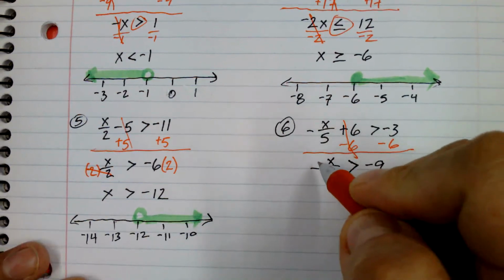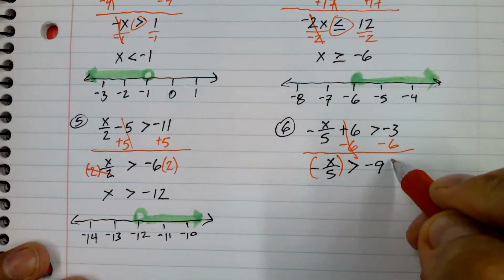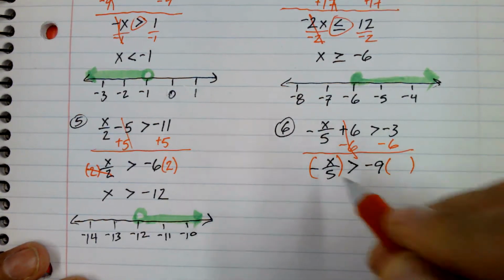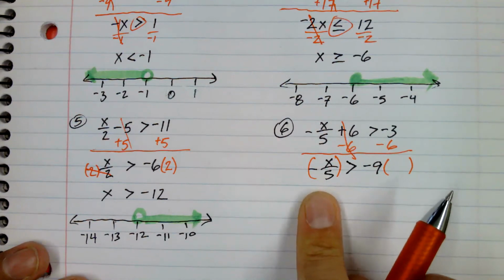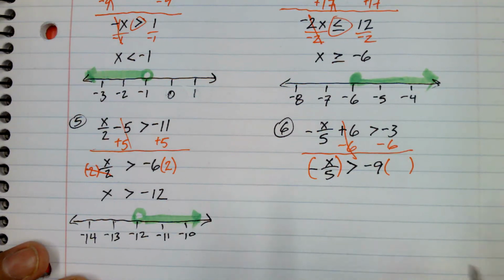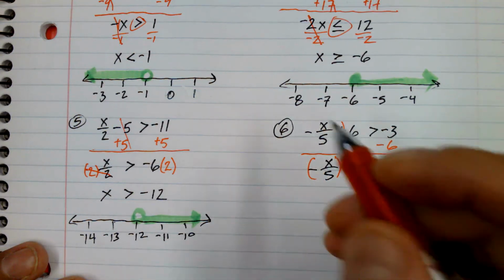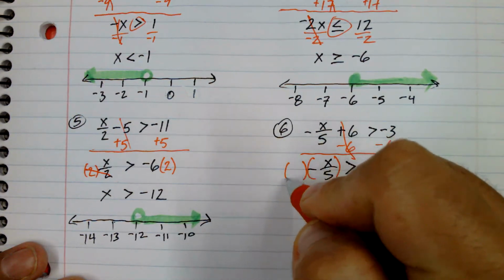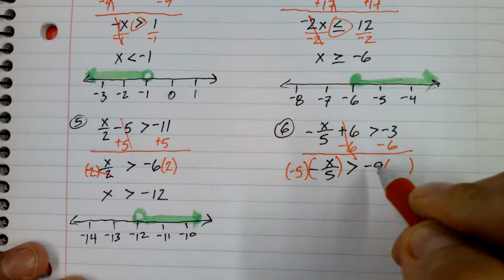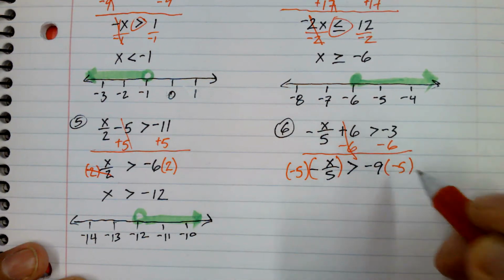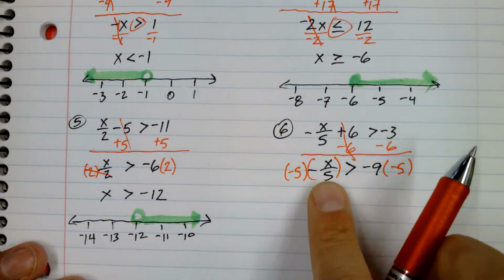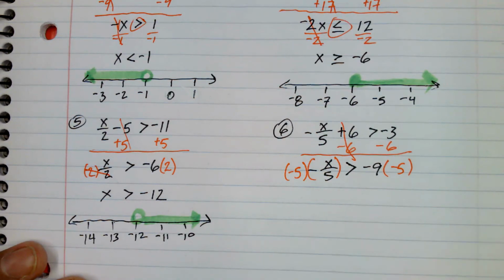So I want to multiply this by something on both sides that would end up with positive x. So since this is negative, I want to multiply by a negative as well, because a negative times a negative is a positive x.